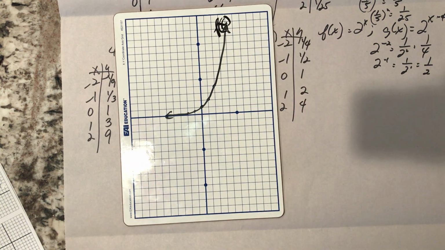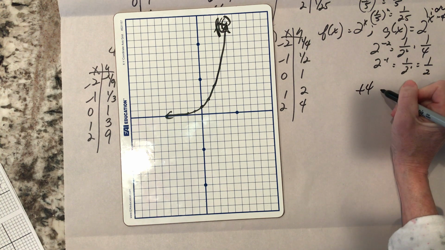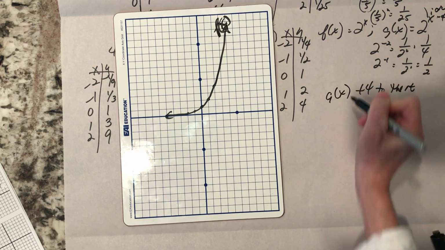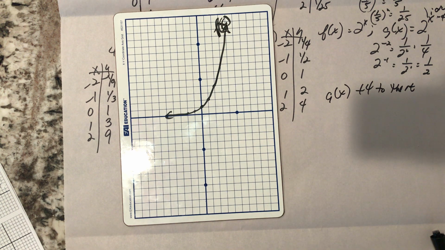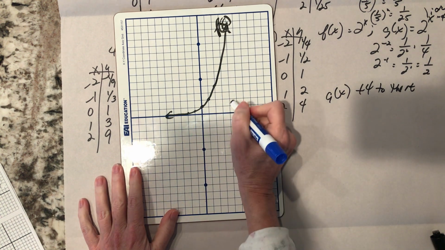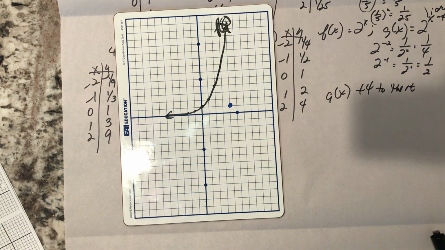Now we want to transform that one going with 2 to the x minus 4. You know that's a liar right there. So this is going to be a plus 4 to the right. G of x will take this function and scoot it over 4 units. So take the belly button, 1, 2, 3, 4, right there. And if you'd like to, go ahead and move the other points also.